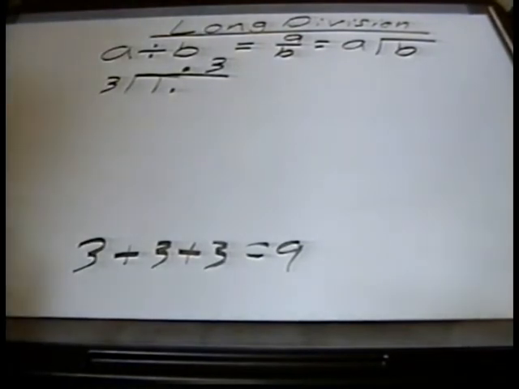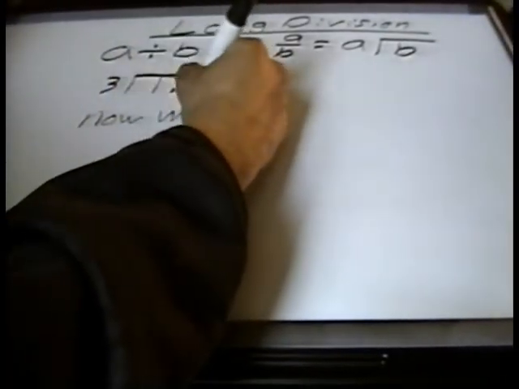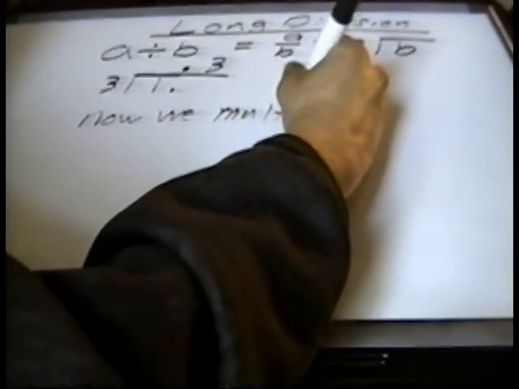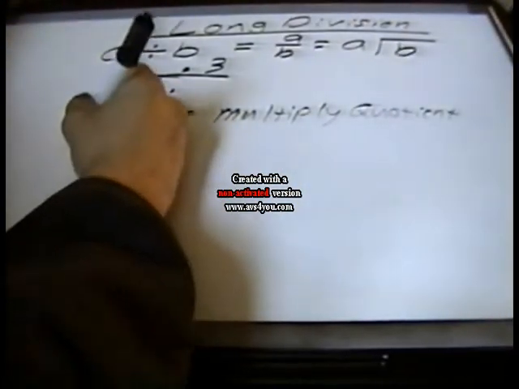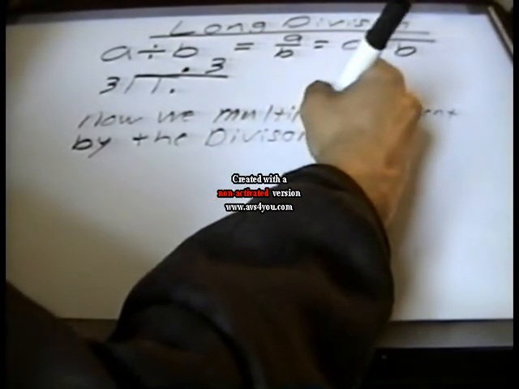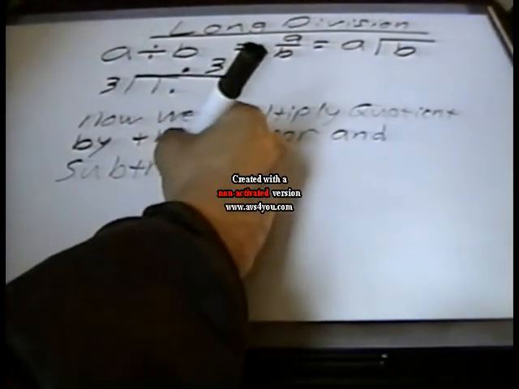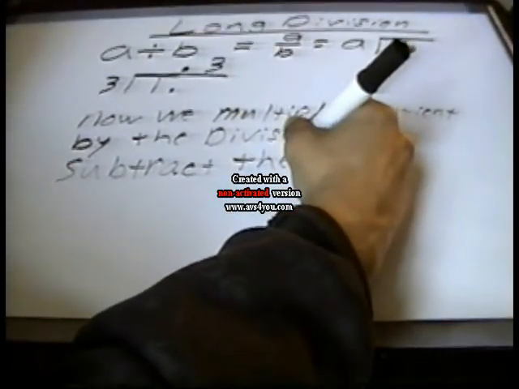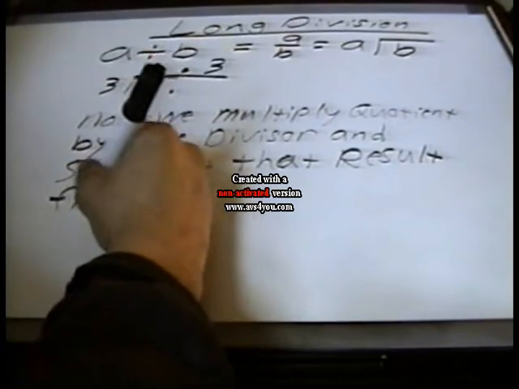So remember to keep our decimal points aligned. Now we multiply the quotient by the divisor and we subtract that result from the dividend.